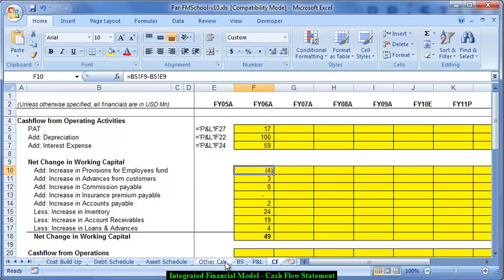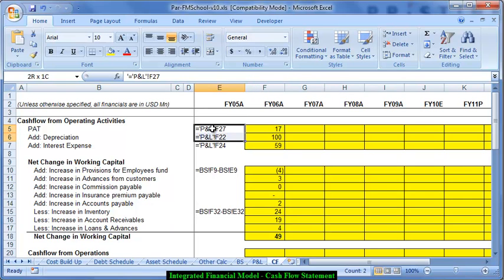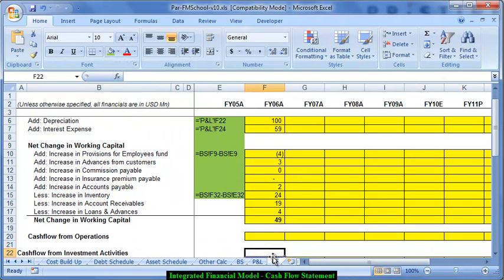This is as far as the current liabilities are concerned. This is as far as the current assets are concerned. Please note that we have not taken a change in the cash right now, because cash is something that we will derive from here. Is that okay? So that's as far as the cash flow from operating activities is concerned.